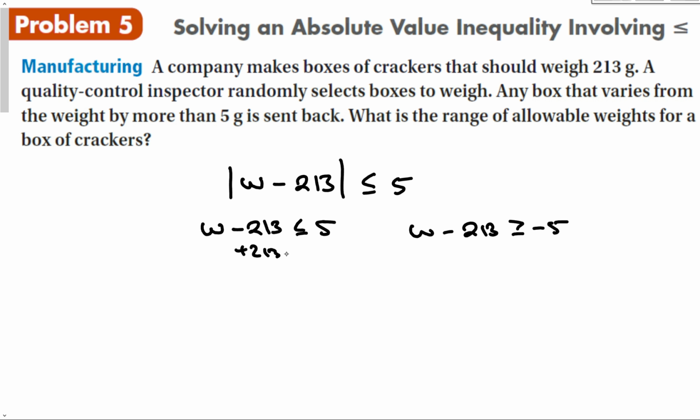Here, w is less than or equal to 218. And here, w is greater than or equal to 208. So you do get the same answer.